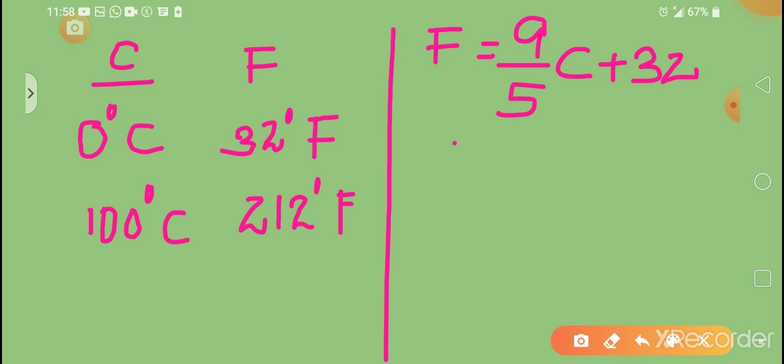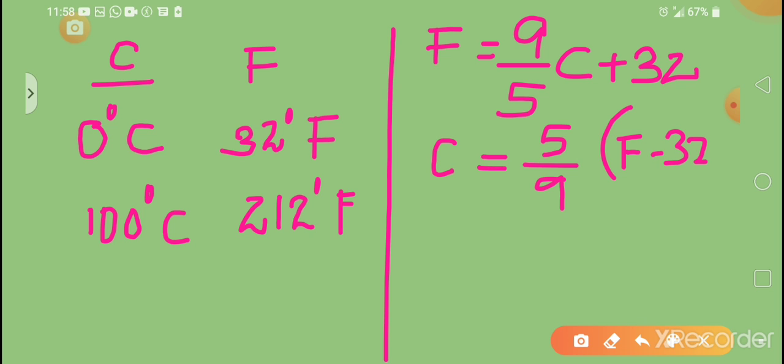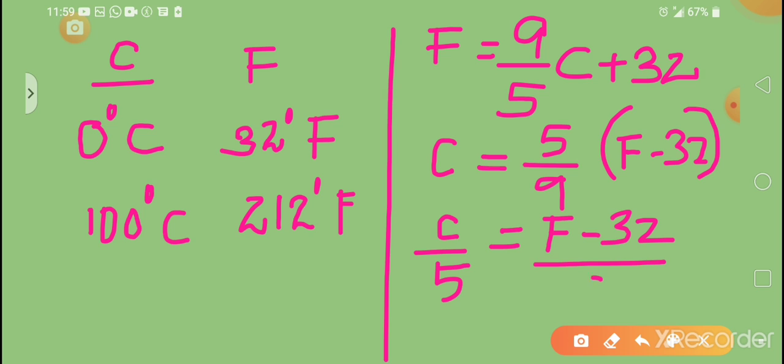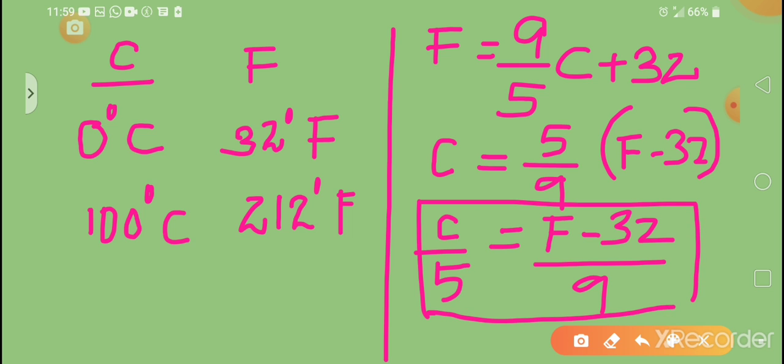Then we will get C. C means the temperature on Celsius scale, that is equal to 5 by 9 into F minus 32. Okay. Or we can write C by 5 is equal to F minus 32 by 9. Okay, so this is the relationship between this Celsius scale and Fahrenheit scale.